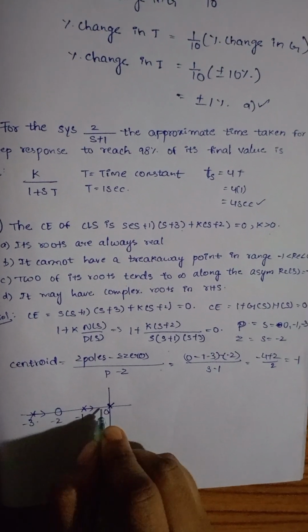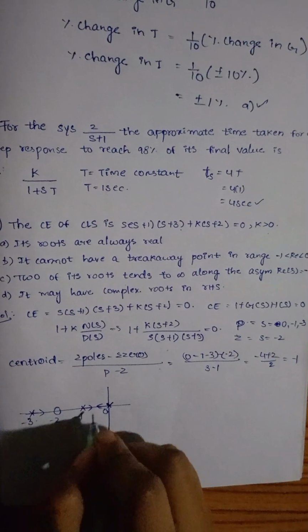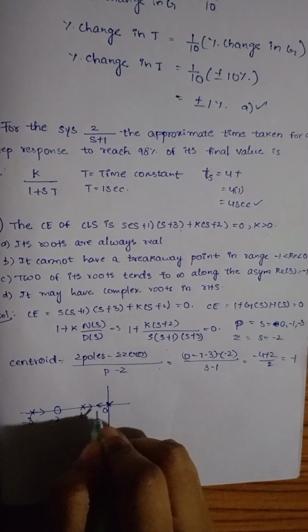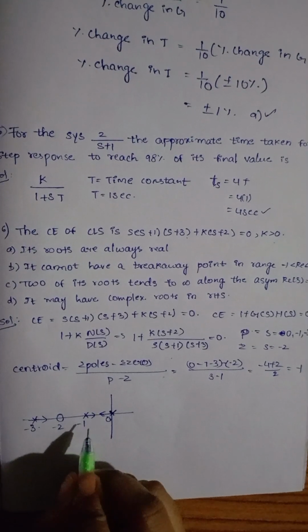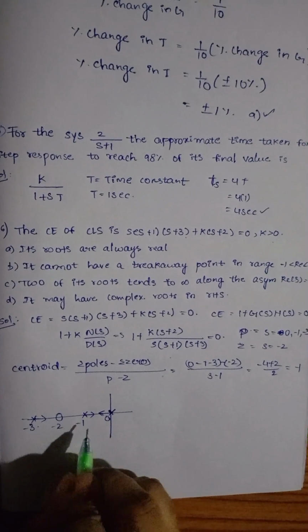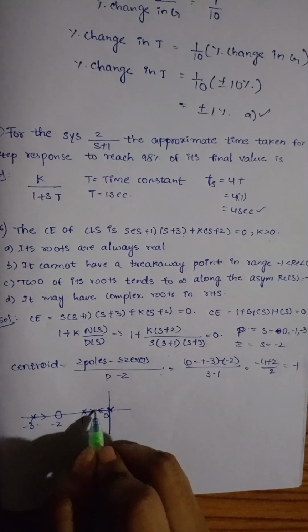Here a root locus branch will start towards the right, and here a branch will start towards the left, and these two branches will travel towards each other and intersect. That point we call the breakaway point.